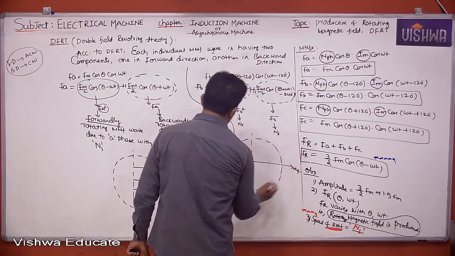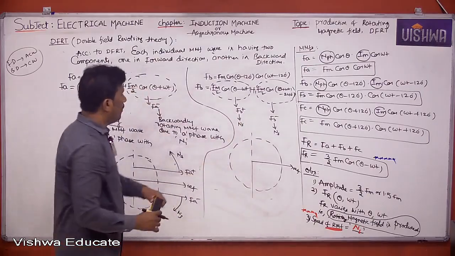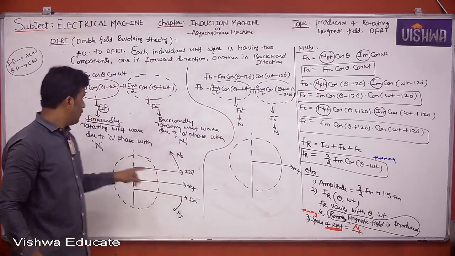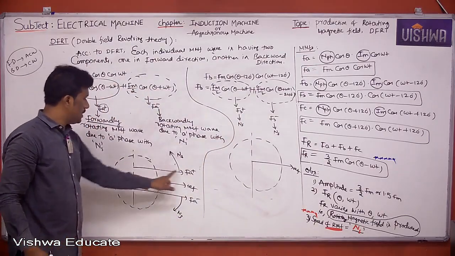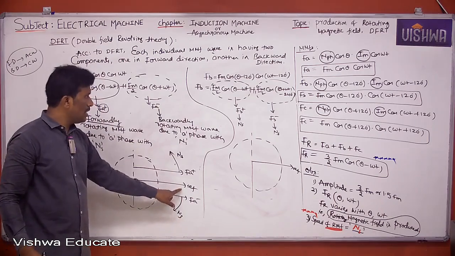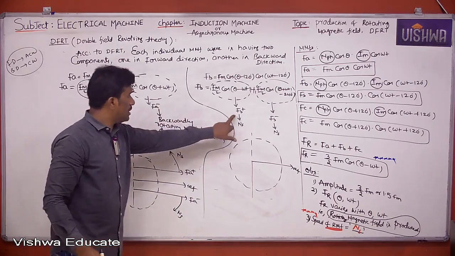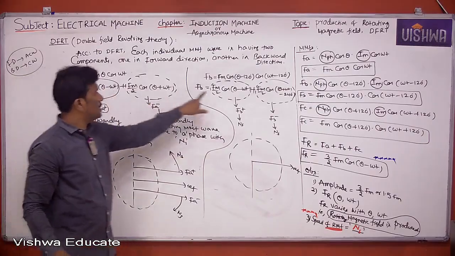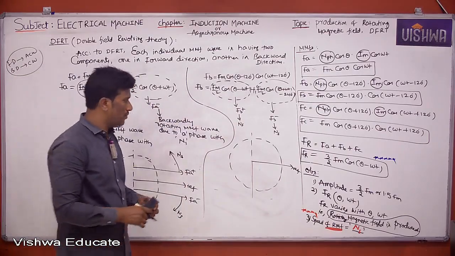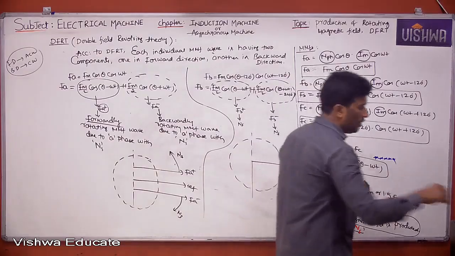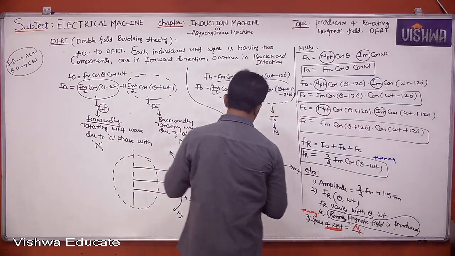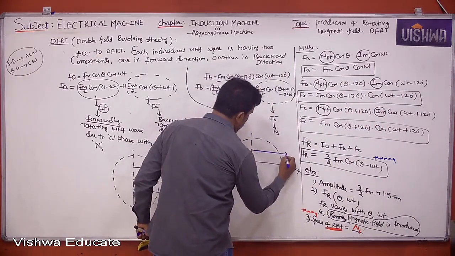As I told you, for forward components, FA is reference for us. FA plus is here, nothing but reference. FB plus also is theta minus omega t, like FA plus, so they are in phase. So let me indicate FB plus in phase with reference.